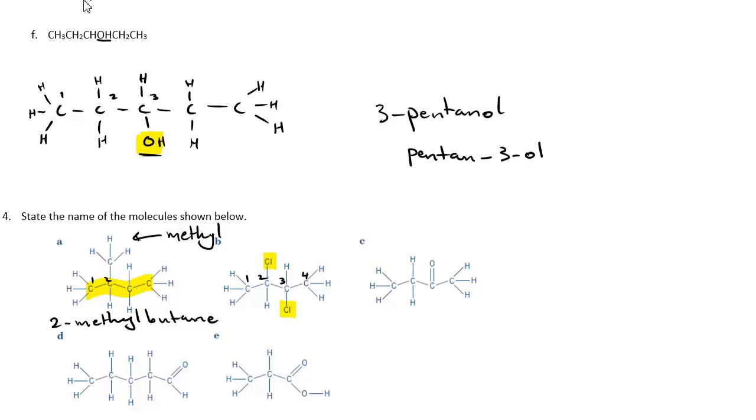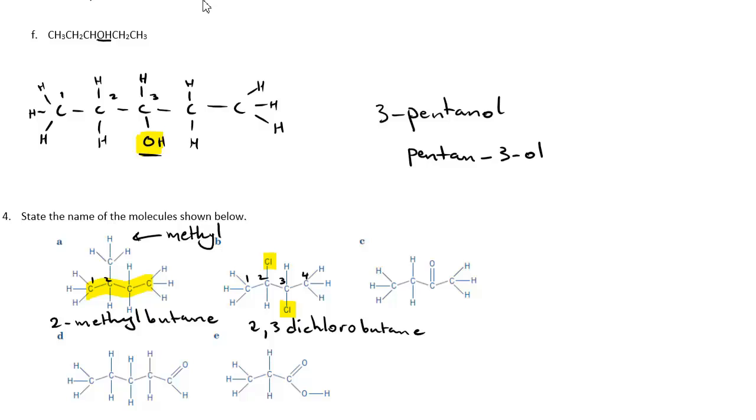You'll see it doesn't matter if you start counting from the other side, but you can test that out if you wish. On the 2nd carbon and on the 3rd carbon, there is a chlorine group. So we have 2,3-dichlorobutane. Okay.